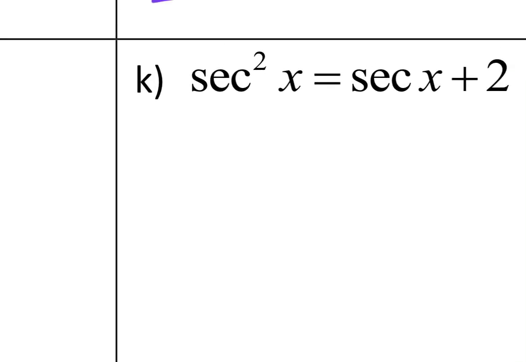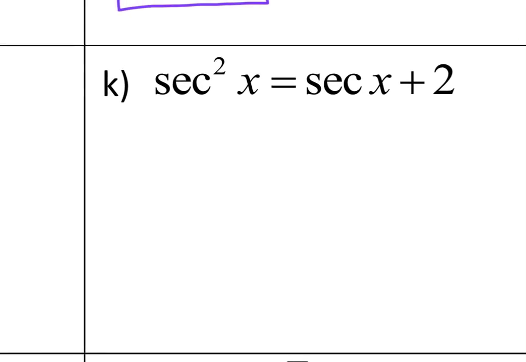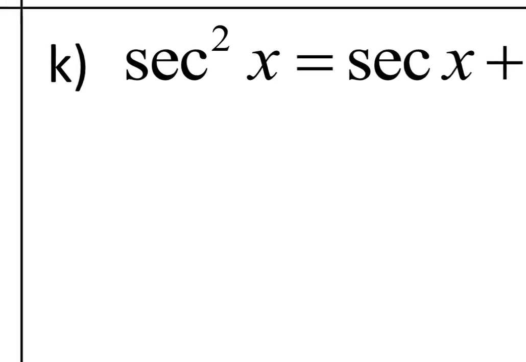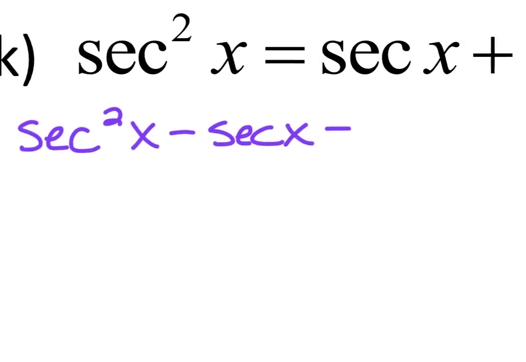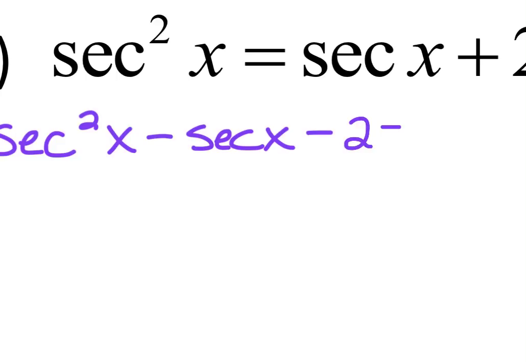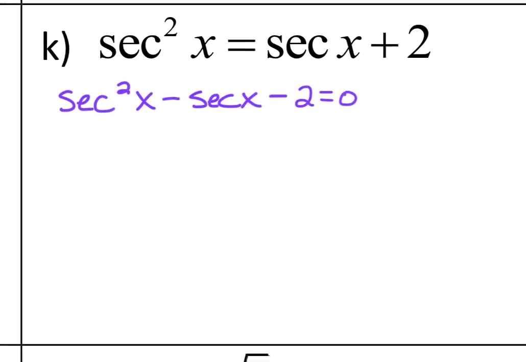This next problem is also a quadratic problem, and so you want to get all of your terms on the same side of the equation, and then you're going to factor. So you're going to say secant squared of x minus secant of x minus 2 equals 0.